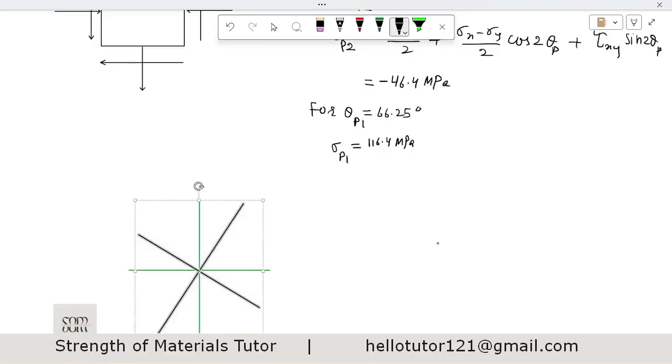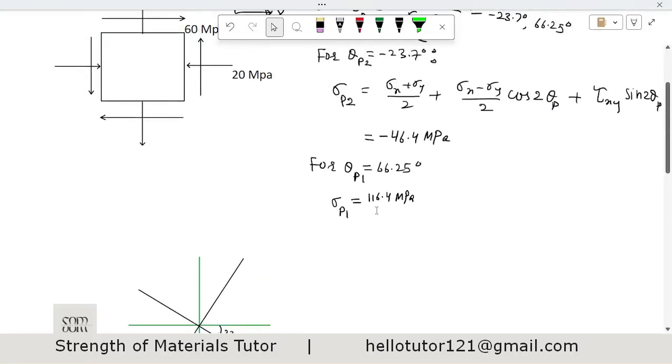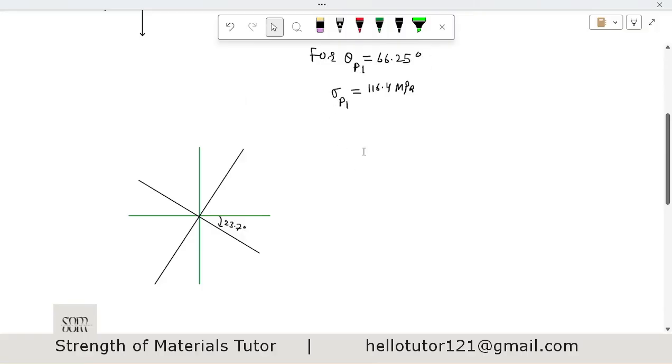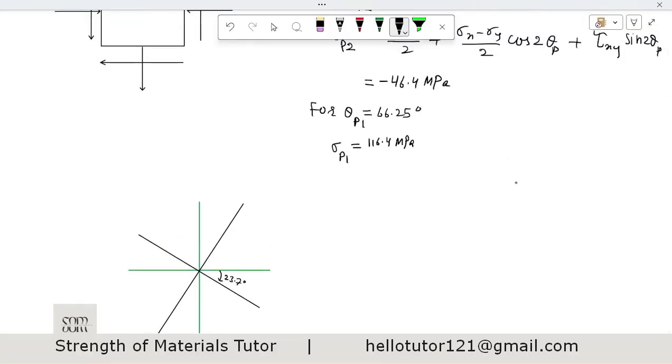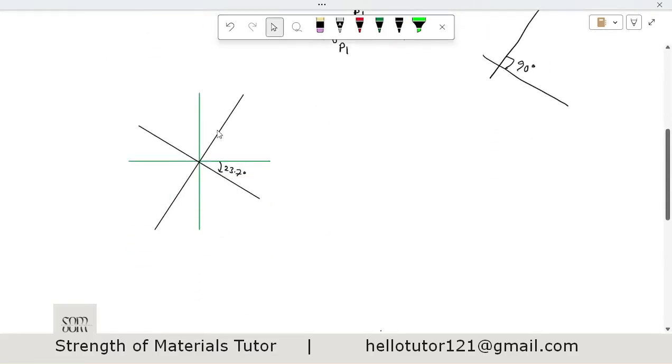this is what we get. Okay, so this is 23.7 degrees. So the good thing about these principal stresses is now you don't have to calculate this value. You don't have to draw this 66.25 because we know from the basic concepts that the principal planes are perpendicular to each other, and you can see this right here.